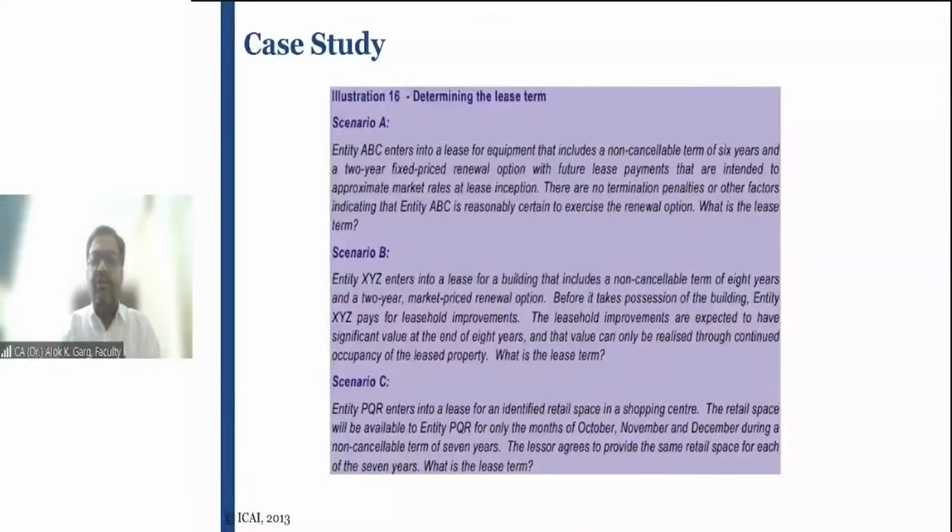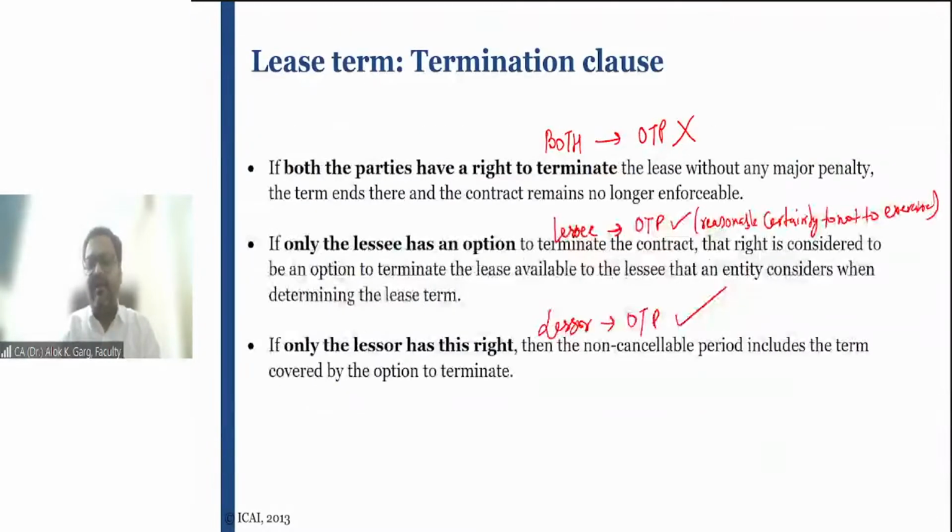Very good. We discussed this lease term at length. In case of optional termination period, we discussed the three aspects as well. If both the parties have a right to terminate, then you are not required to consider the optional termination period at all. If only the lessee has a right to terminate, in that case, you have to see the reasonable certainty not to avail the termination option, right?